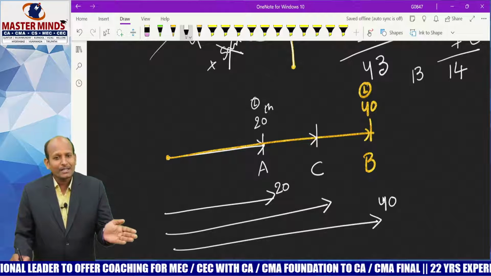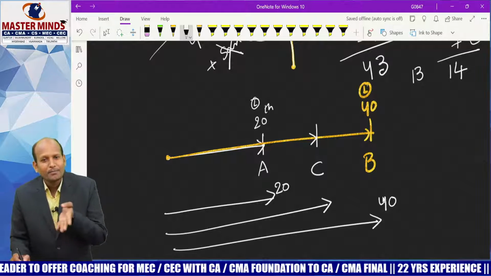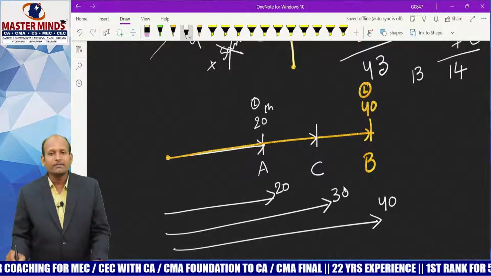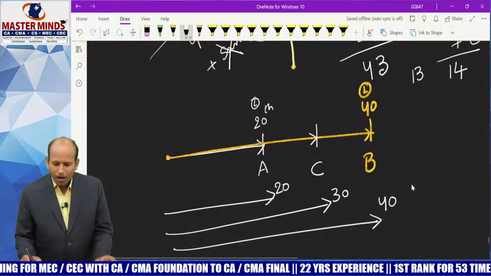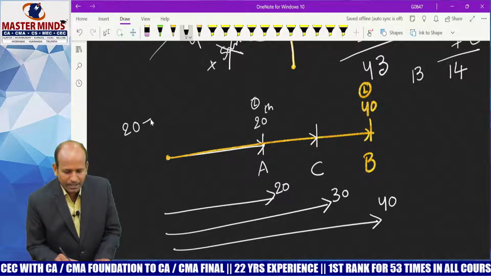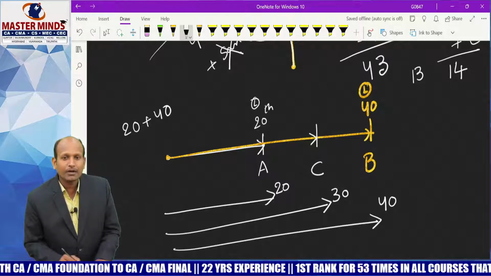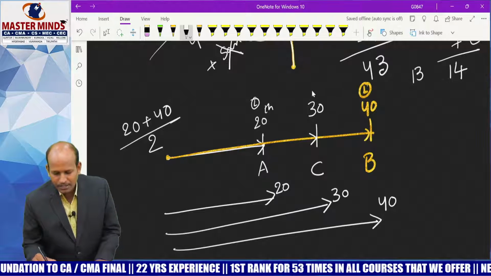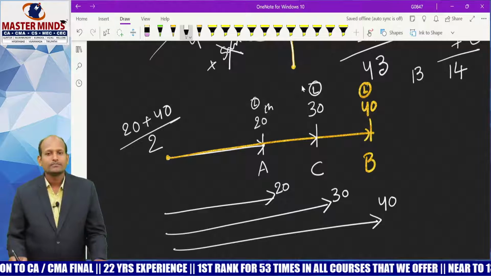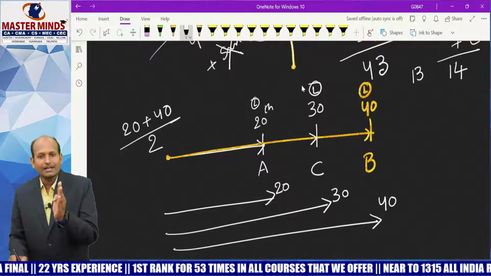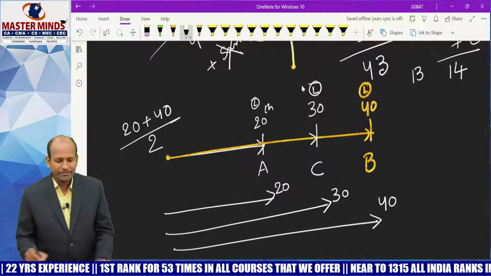So if A is 20 and B is 40, C is definitely 30, the mid value of 20 and 40. Or you can get the mid value by averaging: 20 plus 40 is 60, divided by 2, which equals 30. So now A is 20, C is 30, B is 40 from the left.